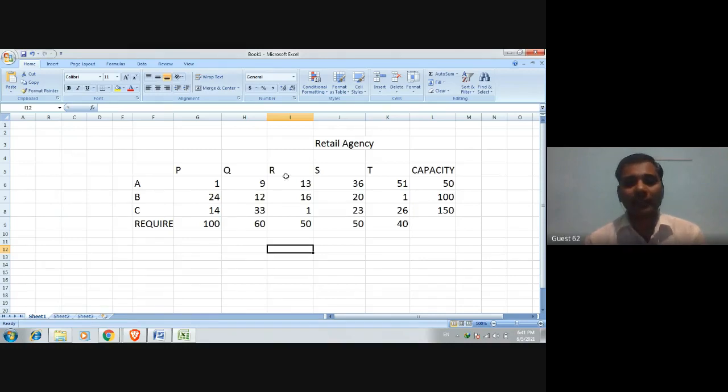The capacity of warehouse A is 50, the capacity of warehouse B is 100, and the capacity of warehouse C is 150. So these are the warehouses from which the product has to be sent to the different retail agencies P, Q, R, S, T.